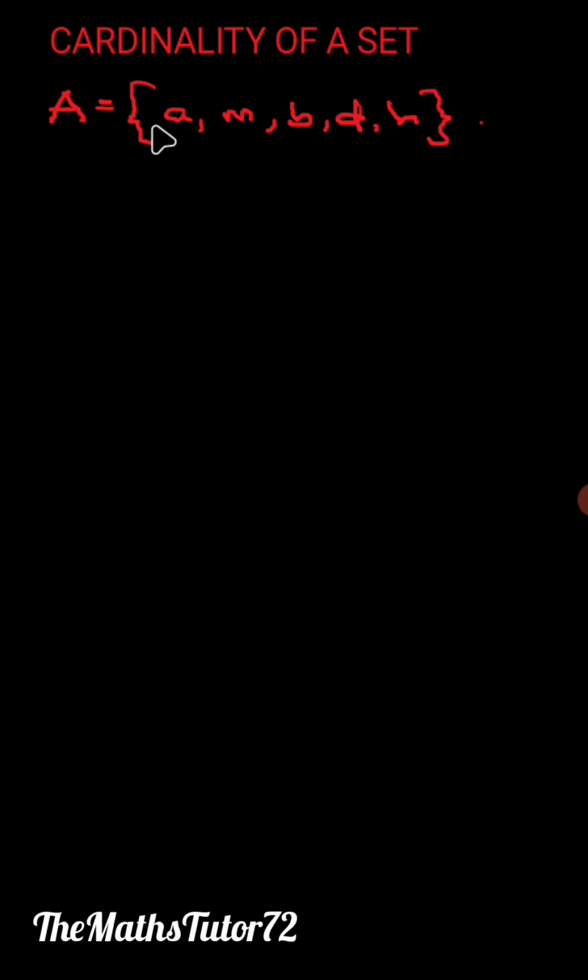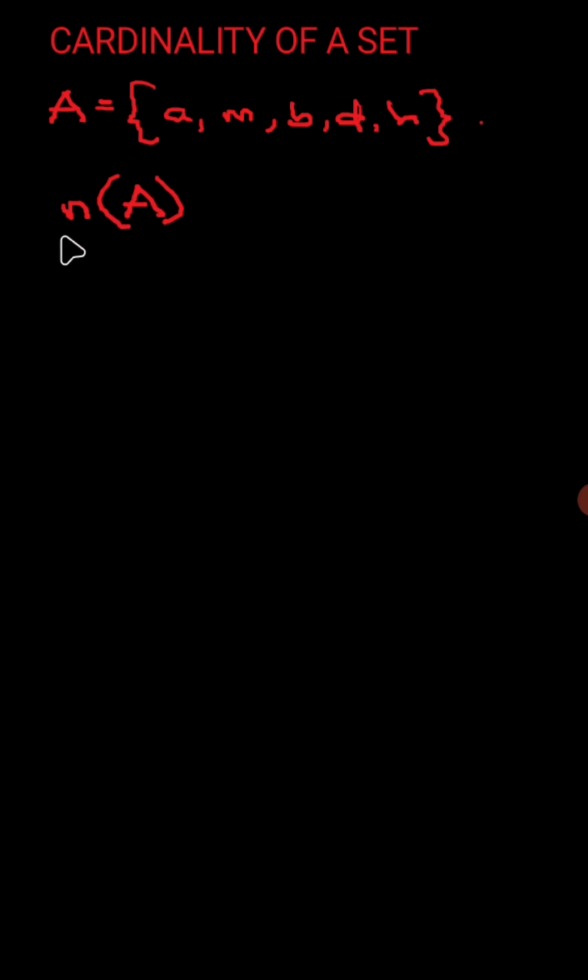So the cardinality of a set is the number of elements inside that set. Since this set A has 5 elements, then the cardinal number is 5. The cardinal number is denoted as n, then into bracket of A. So this is the cardinality of this set, and this equals 5. I hope everyone gets that.